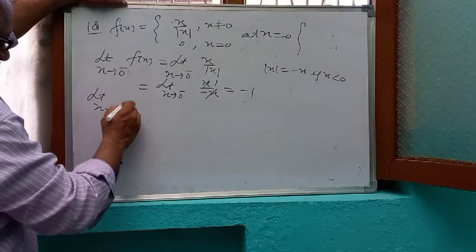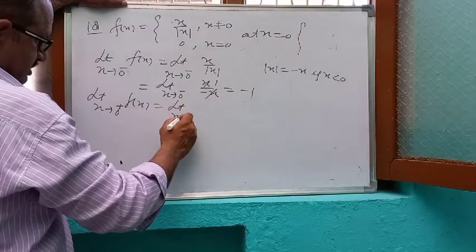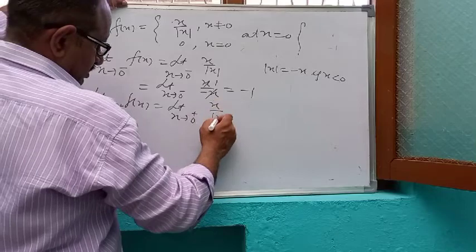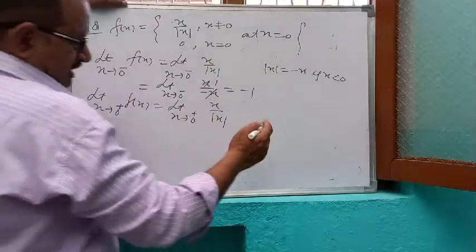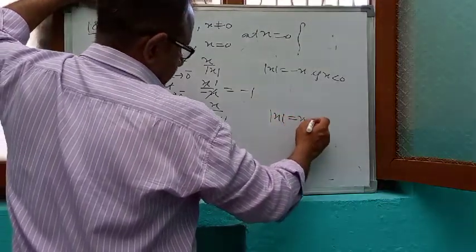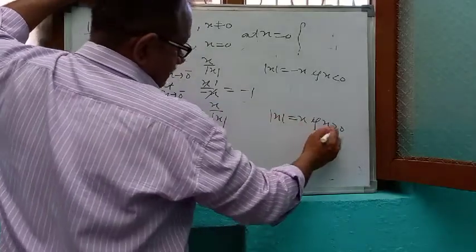Take the right hand limit, limit x tends to 0 plus f(x). So limit x tends to 0 plus x upon |x|. 0 plus means greater than 0. So |x| is equal to x if x is greater than 0.